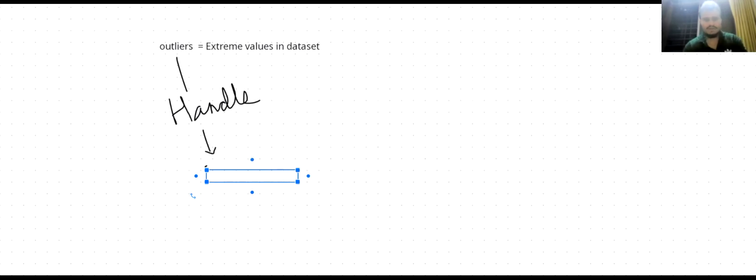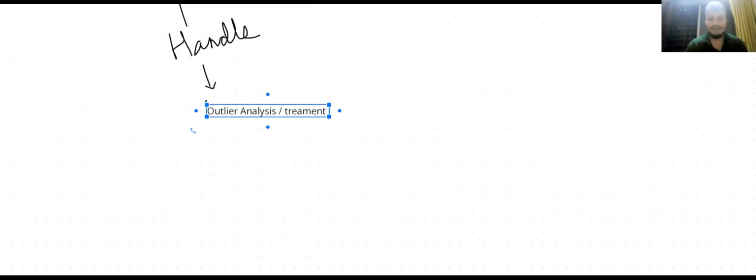Basically, we are going to learn all these things in today's topic, and there are three types of outlier treatment. What are those three? So the first step is random errors. Here I will write it.